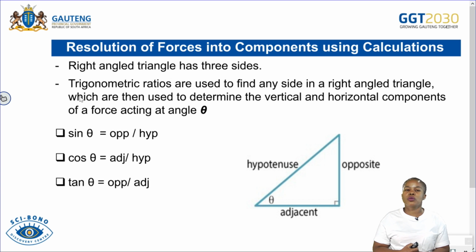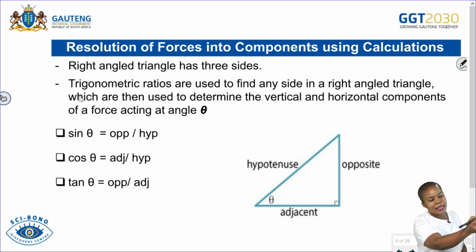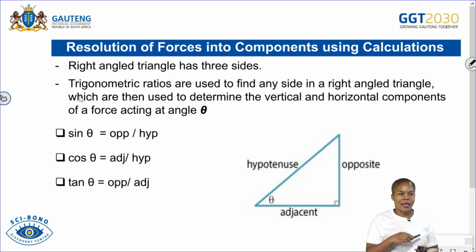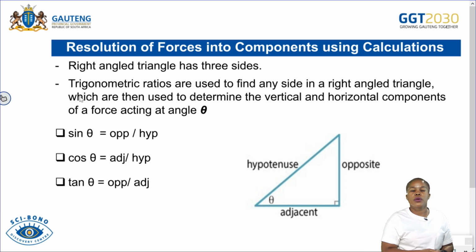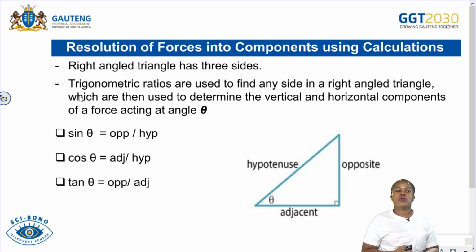We need to be able to draw a right angle triangle. It's called a right angle triangle because it has a 90 degrees angle where the y intercepts the x. We use trigonometric ratios to find any side on the right angle triangle. We've got 3 sides in the right angle triangle.